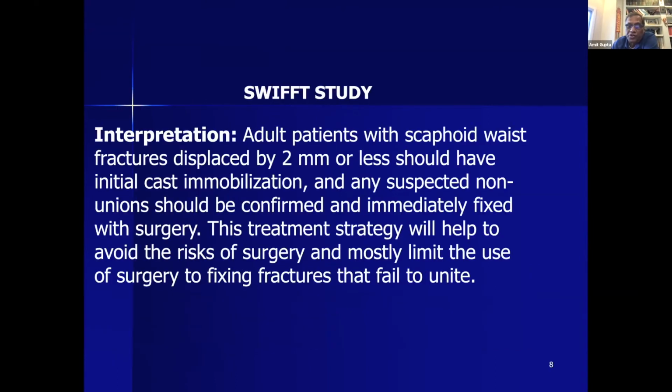So adult patients with scaphoid waist fractures displaced by 2 millimeters or less should be treated by initial cast immobilization, and any suspected non-union should be confirmed and immediately fixed with surgery. This treatment strategy will help to avoid the risks of surgery and mostly limit the use of surgery to fixing fractures that fail to unite.